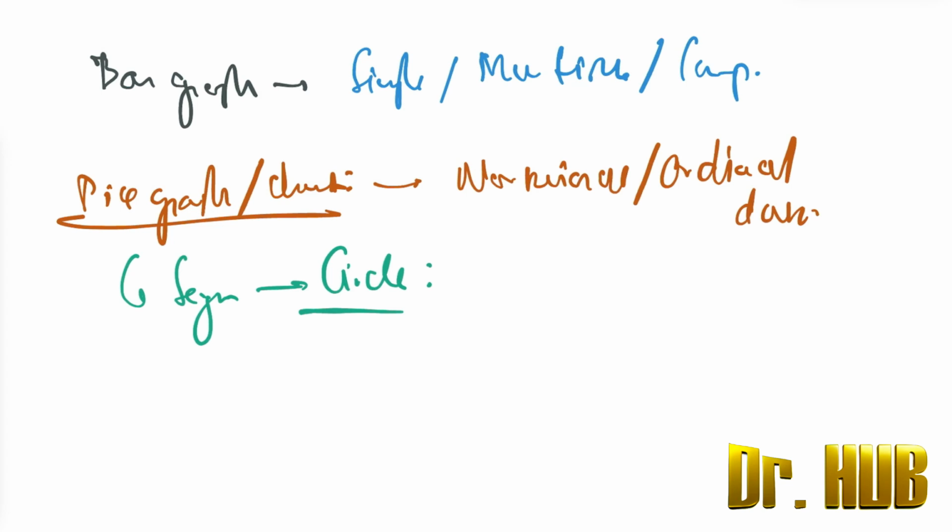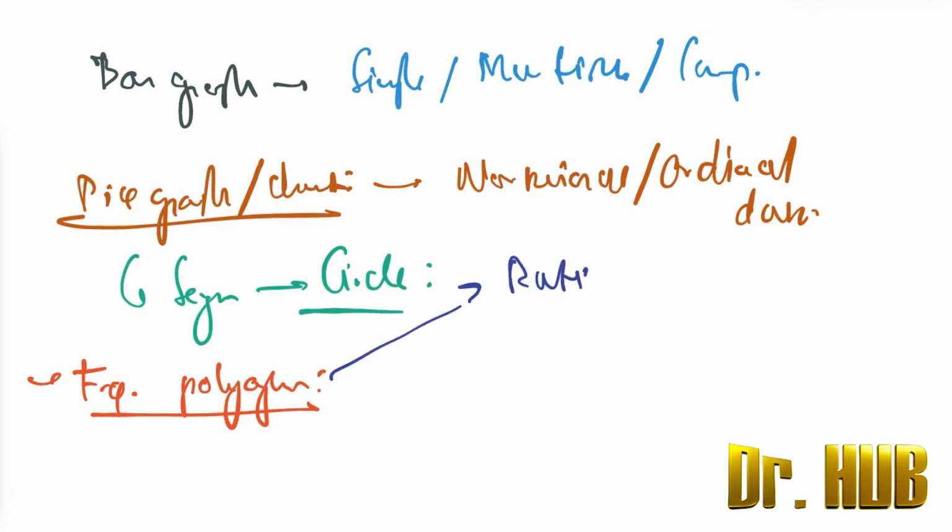Then we move on to frequency polygons. What are frequency polygons? Frequency polygons are used mainly for ratio and interval scale data.